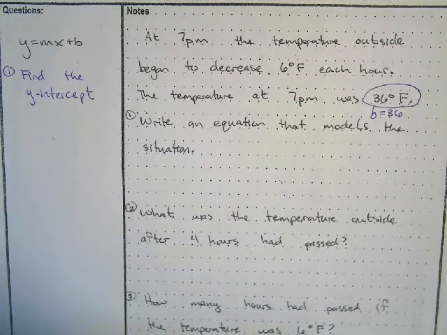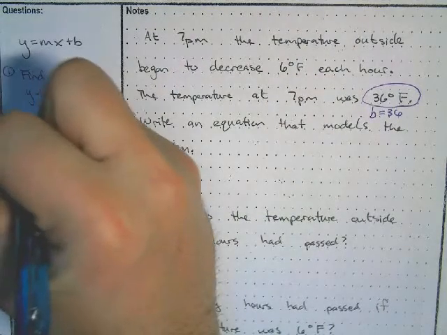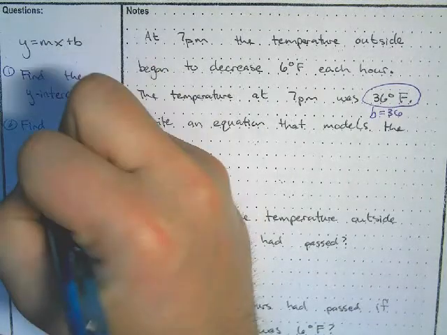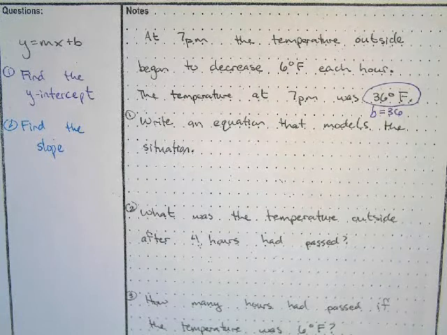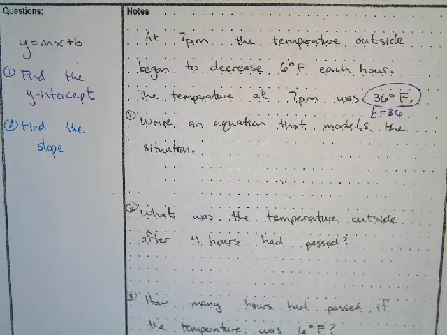Okay. Now step 2 was to find the slope, our m value. Let's read the problem again. At 7 p.m. the temperature outside began to decrease at 6°F each hour. The temperature at 7 p.m. was 36°F.